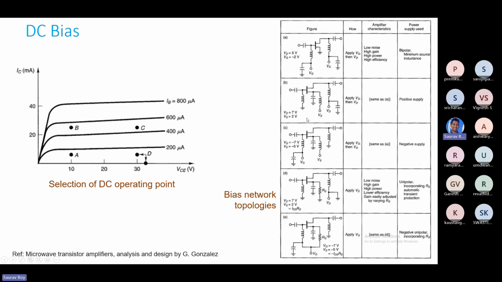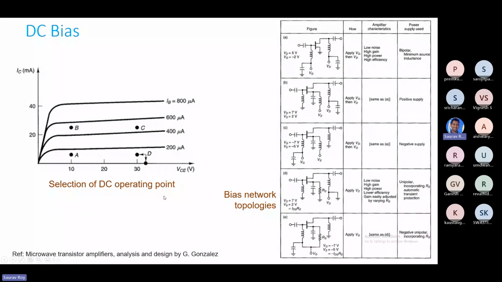As you see, in A, B, C, all of them have the same LNA performance as well as high efficiency. But in D and E, the efficiency is lower, but because you have a source resistance connected, that gives you some flexibility in adjusting the gain. So you have to decide which of these things you want. Accordingly, you have to select a bias network topology.